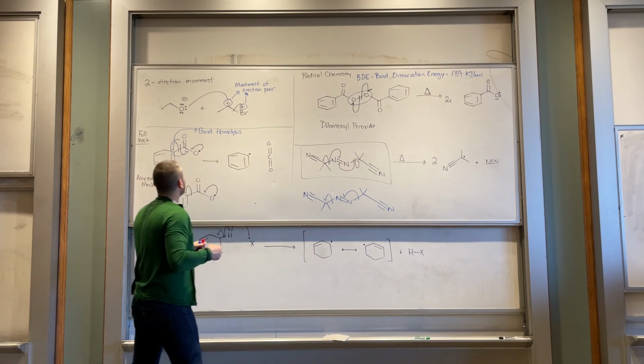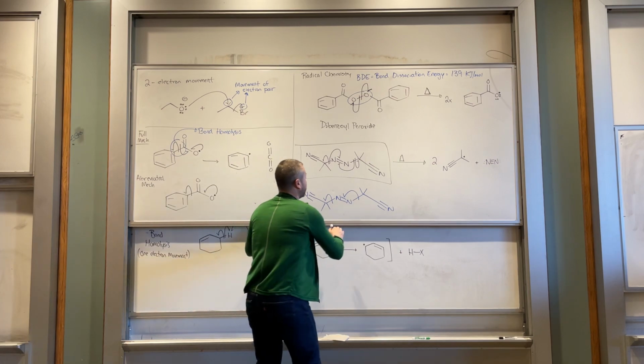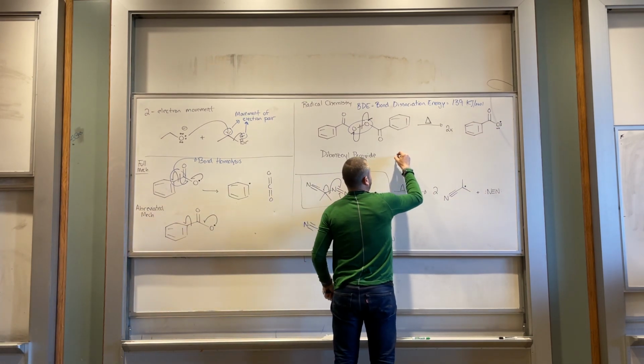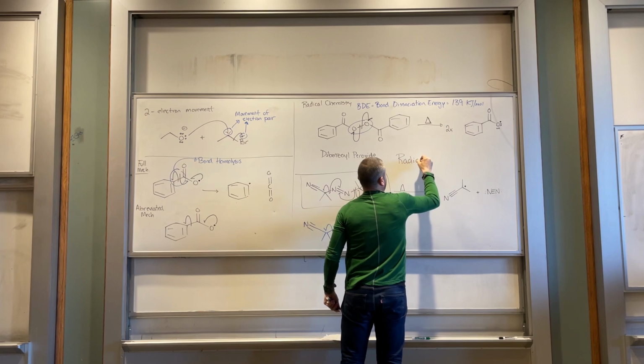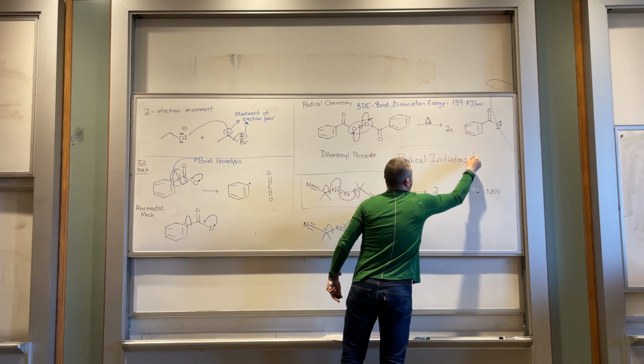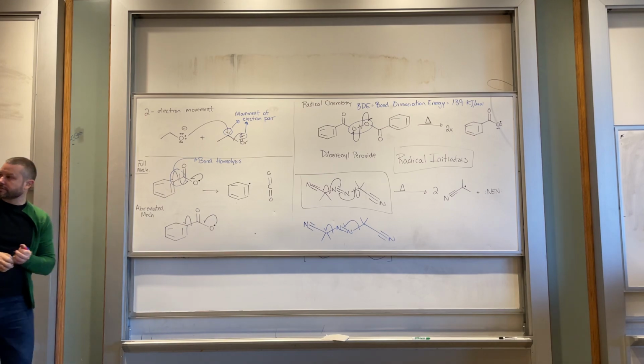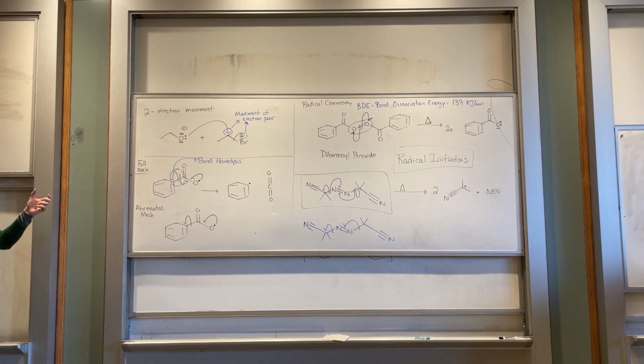Both of these molecules, the dibenzoyl peroxide and the AIBN, are considered radical initiators, and they're some of the reagents we use to start radical chain reactions. These reagents are unique to this chapter. We're not going to really see them anywhere else in organic chemistry other than in reactions that involve radical chemistry.